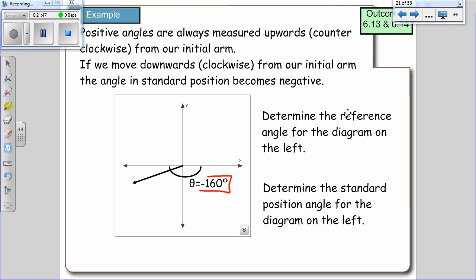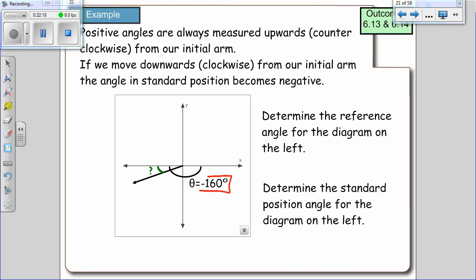Reference angles are, by definition, always positive, so it doesn't matter which way you go. Only standard position angles can be negative because they can go backwards or forwards off of this axis. Reference angles always go to the nearest x-axis, so they're always positive.